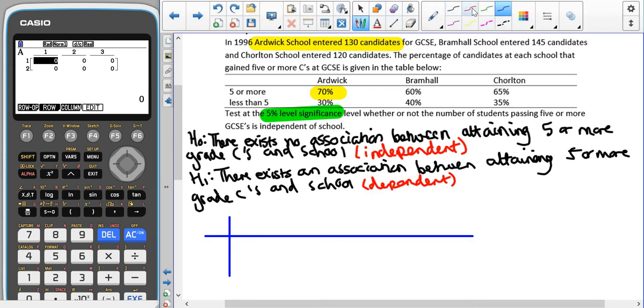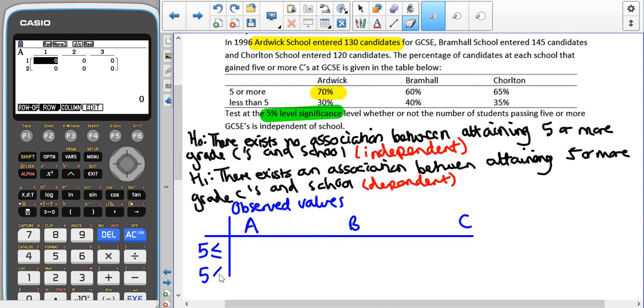Remember that these are still observed values. Just put in the letters of the school at the top, 5 or more, less than 5. Oops. Sorry about that.